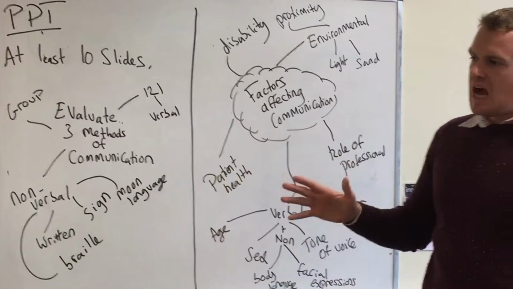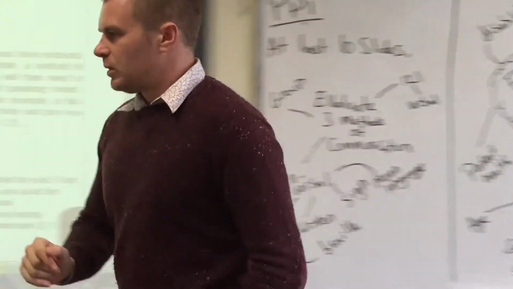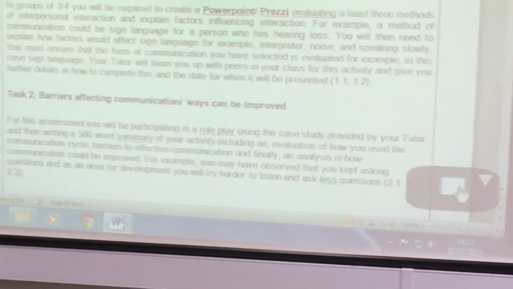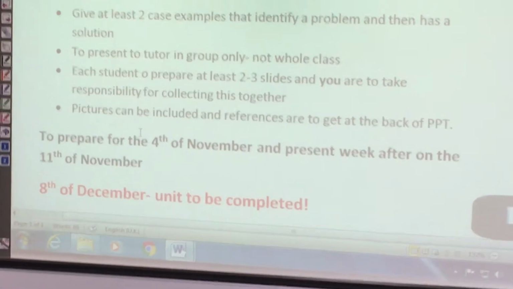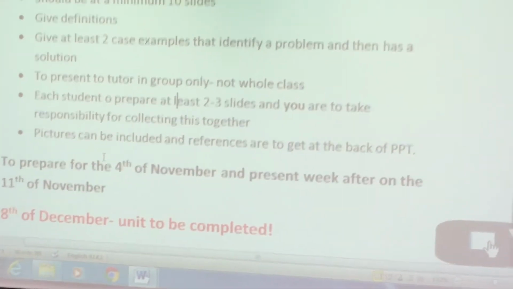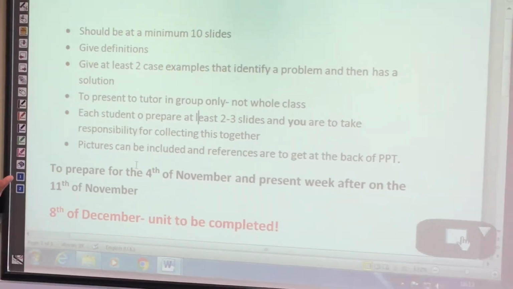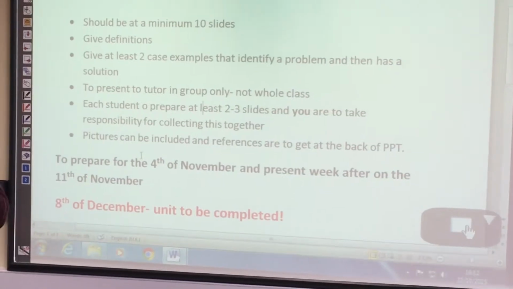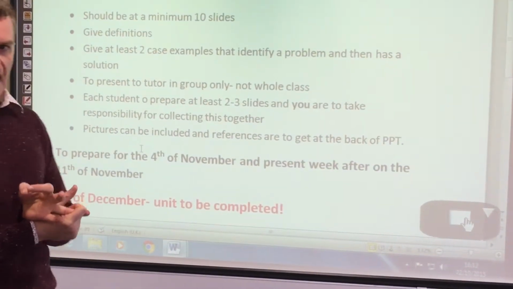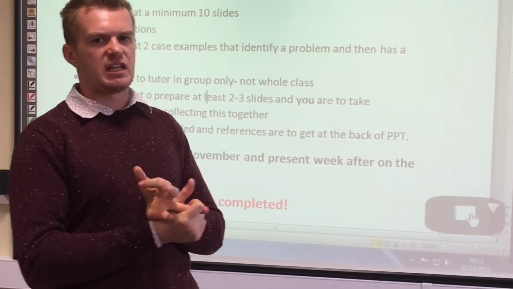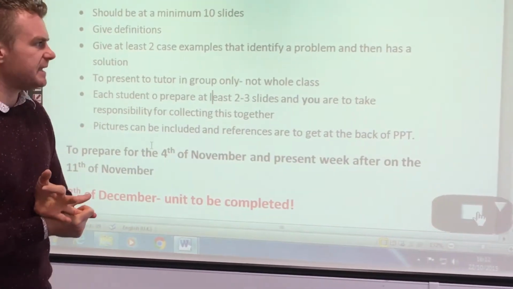What I want to do now is run through some of the points we need to know. Just to summarise, you've got assessment criteria 1.1 and 1.2. You're going to be doing a group presentation, preparing it the first week you're back, I think the 2nd and 3rd of November, if I remember rightly.